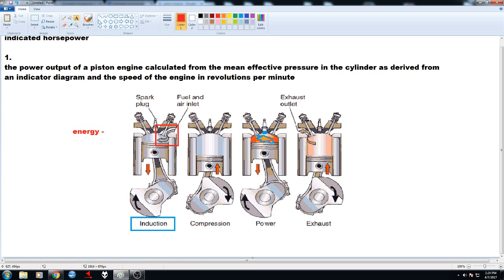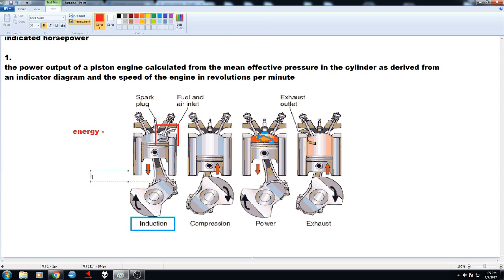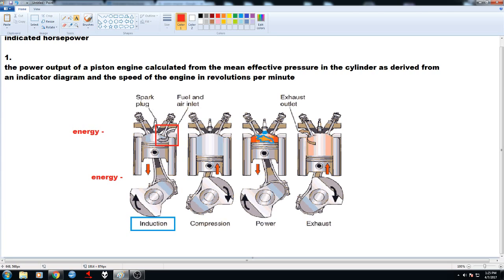That means that we just wasted some energy sucking in the air-fuel mixture, on top of driving the piston down to do that. Driving the piston down right here also requires energy. On the second stroke, we're starting to compress the air-fuel mixture. All the little fuel and air particles right here, we're starting to compress them.